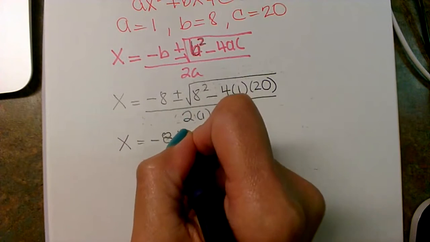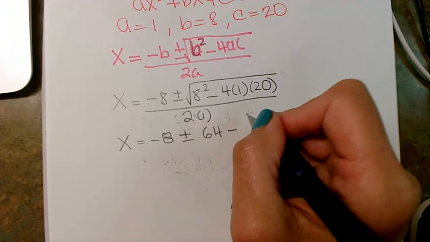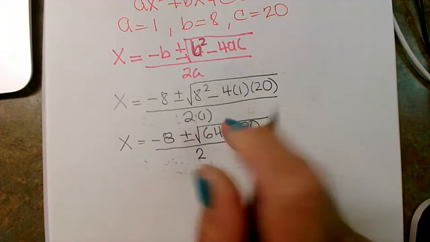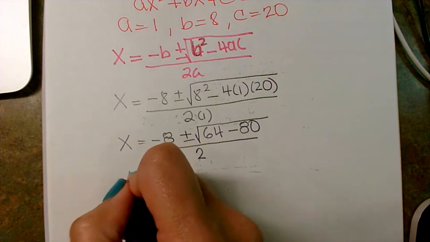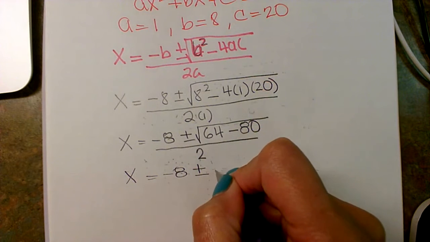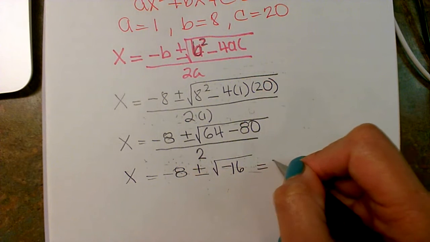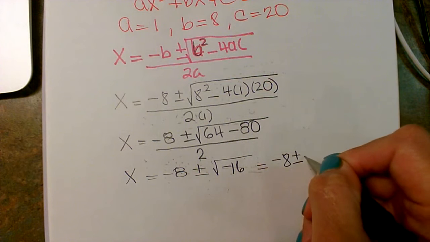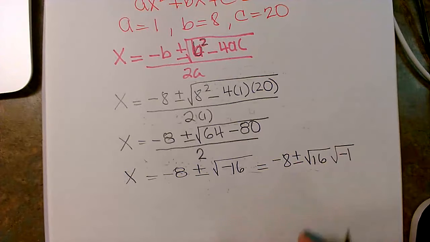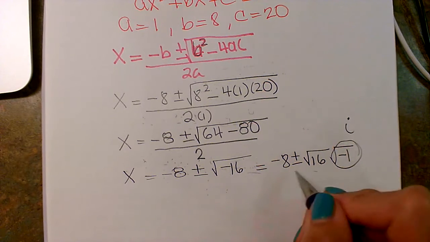I have a negative 8 plus and minus 64. This is what? 80. So what are we getting there? We're getting a negative number, which is x is equal negative 8 plus or minus the square root of 64 minus 80, which is negative 16. And remember that we said one is going to be positive and the other one is going to be negative. Don't forget that this is equal to I. Keeps coming back.